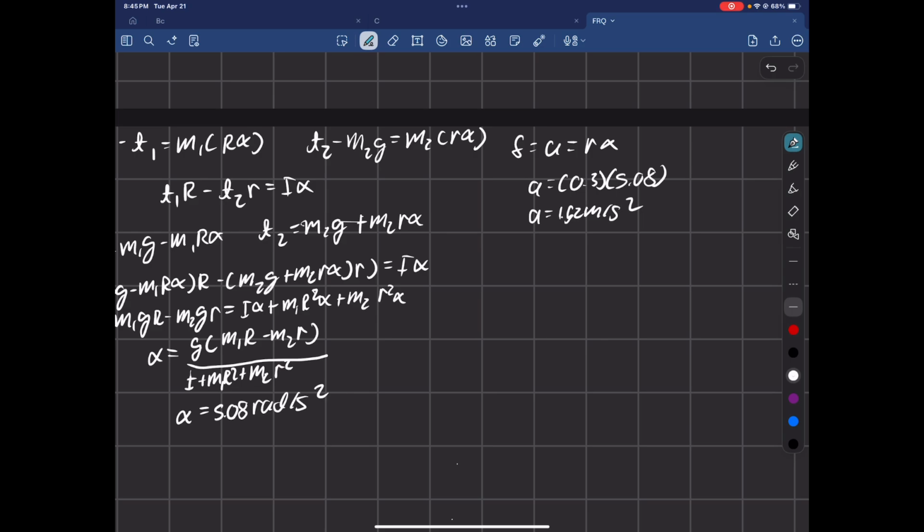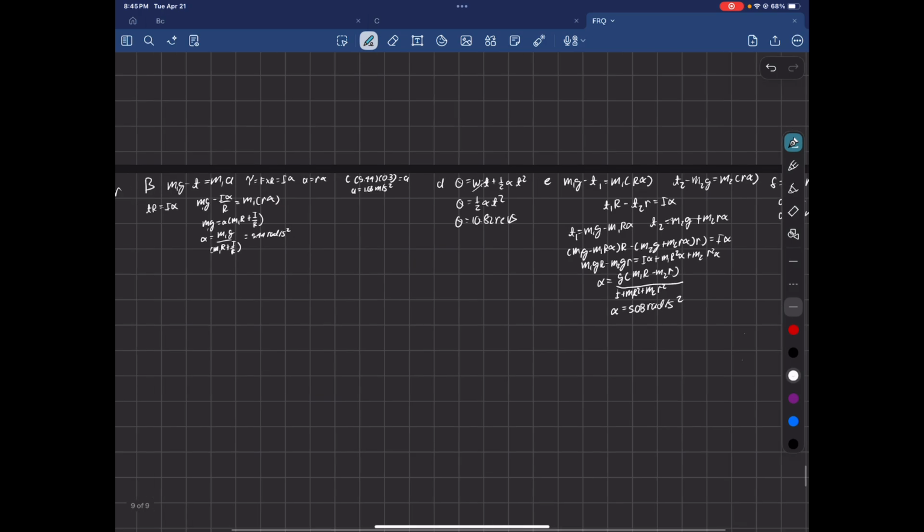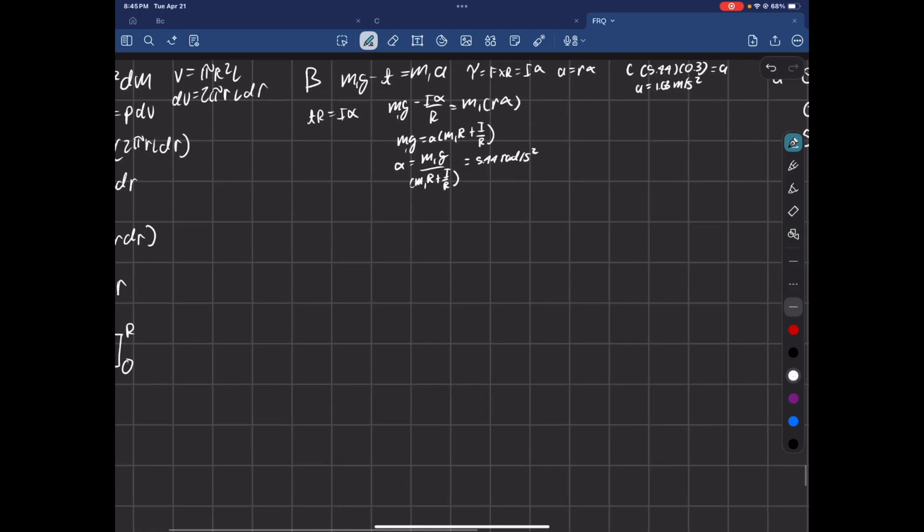For part G, it asks for the kinetic energy of the cylinder. So we'd have to find the speed. Since it's initially at rest, the amount of potential energy that it gains, we just plug it into KE rot.